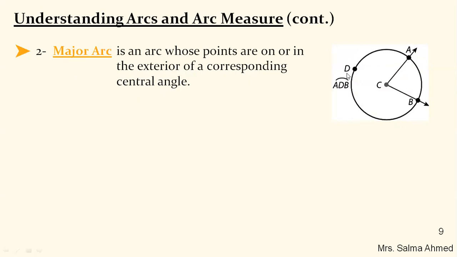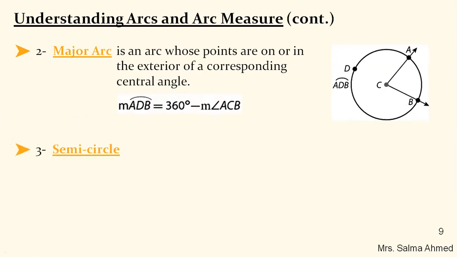We have to call it by three letters, A, D, B. So this big arc is called by three capital letters, ADB. How can we get the measure? If I have this central angle, I can get the measure of the major arc, which is 360 minus angle ACB, the central angle.